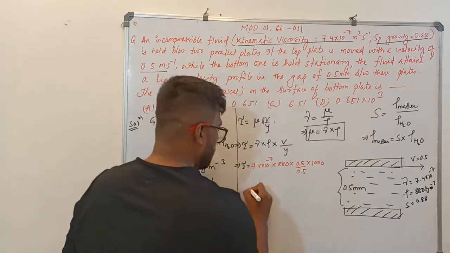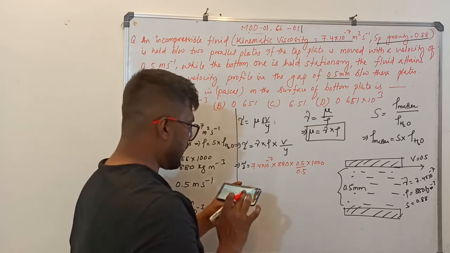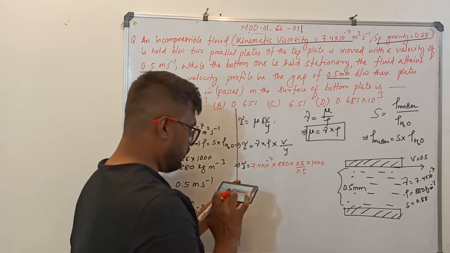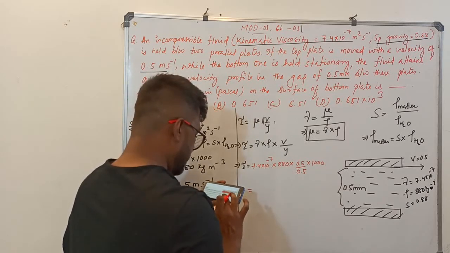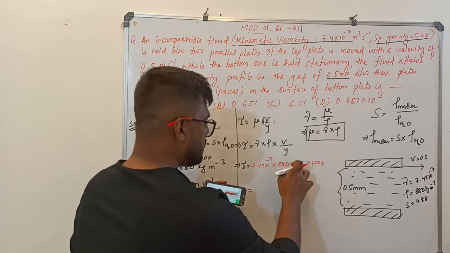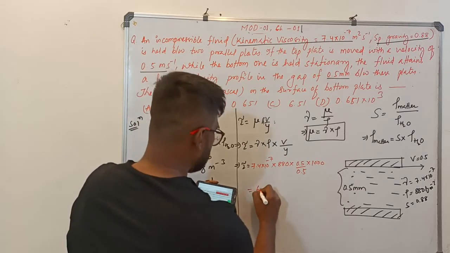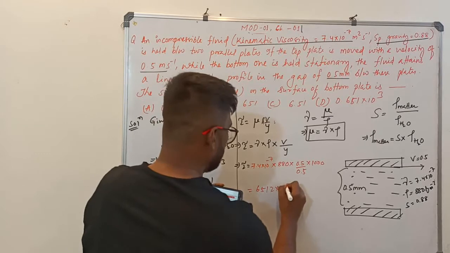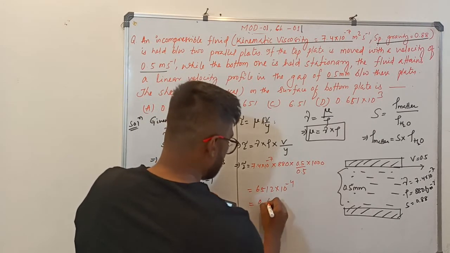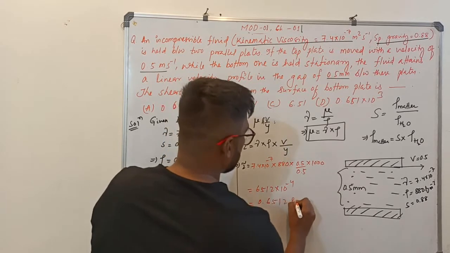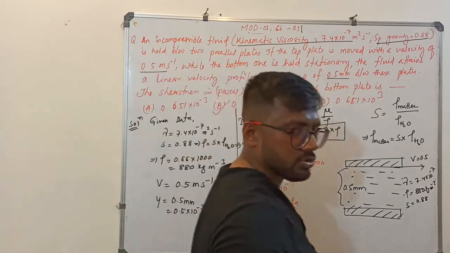Now let us calculate using the virtual calculator: 7.4 into 880. I am getting 6512 into 10 to the power minus 4, that is 0.6512 Pascal. Where is the option? Option B. Yes, correct.